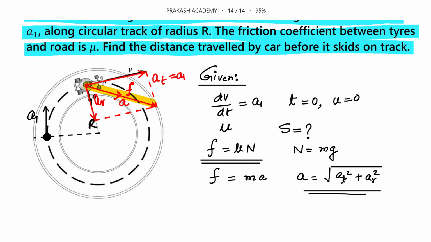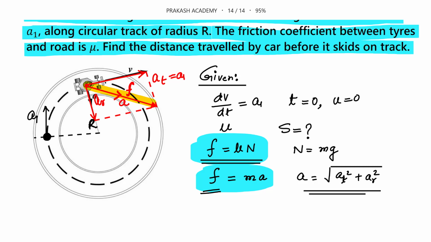Once you have this acceleration, you can calculate this friction force, and this friction force is provided by mu times N. In the limiting situation, these two are equal: mu N equals ma. So using all these hints, let us try to solve this problem.